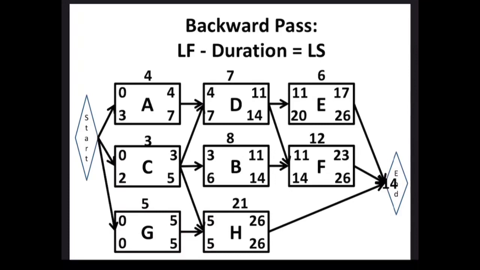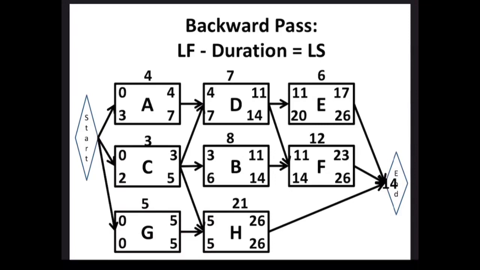So what we're going to do is take that number 26, which is our critical path number, the duration, and put that number in the bottom right corner, which is the late finish, for every activity that ends this network diagram. So E, F, and H will all have the late finish of 26.